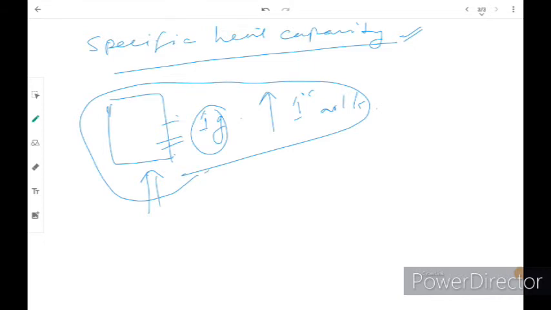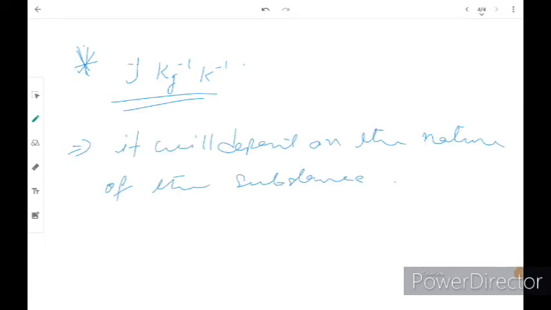The SI unit of specific heat capacity is joule per kg per Kelvin, and it will depend on the nature of the substance.